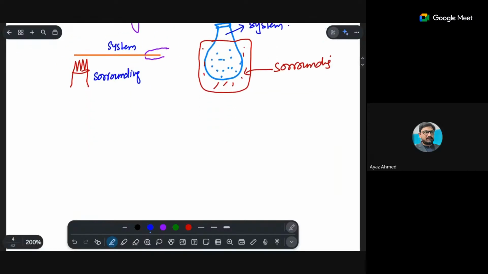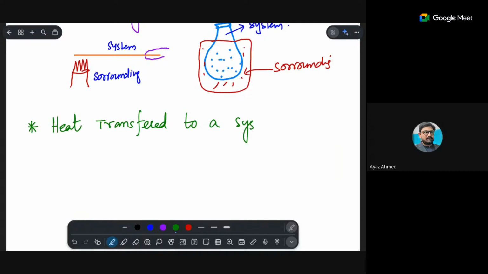So whenever you are going to provide the heat or transfer the heat from surrounding to system, it becomes its internal energy, right? This is a very important sentence for you: heat transferred to a system becomes its internal energy.